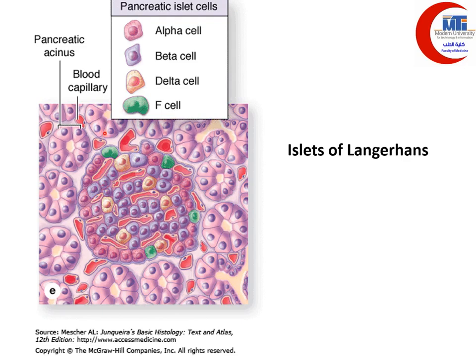Then F cells, G cells, and autonomic nervous cells, which give autonomic control to islets of Langerhans. Fenestrated blood capillaries are present between the cells, as it is an endocrine part, to secrete its hormones directly inside these fenestrated blood capillaries to reach the blood circulation.